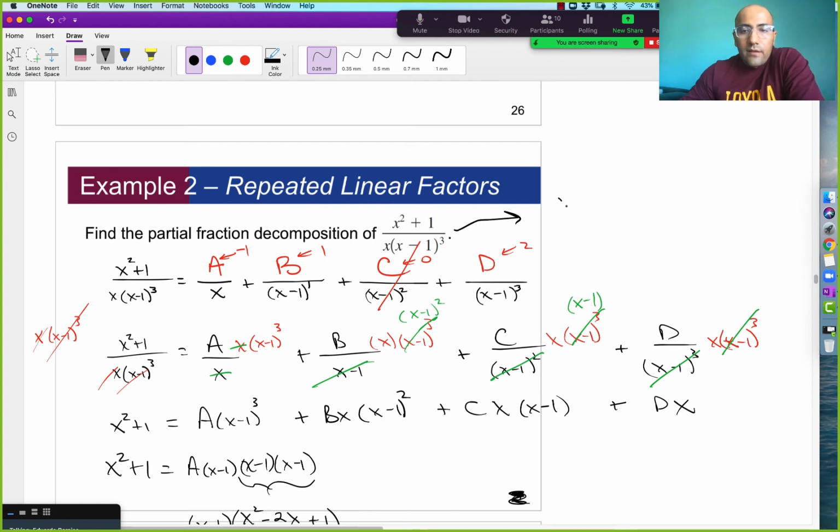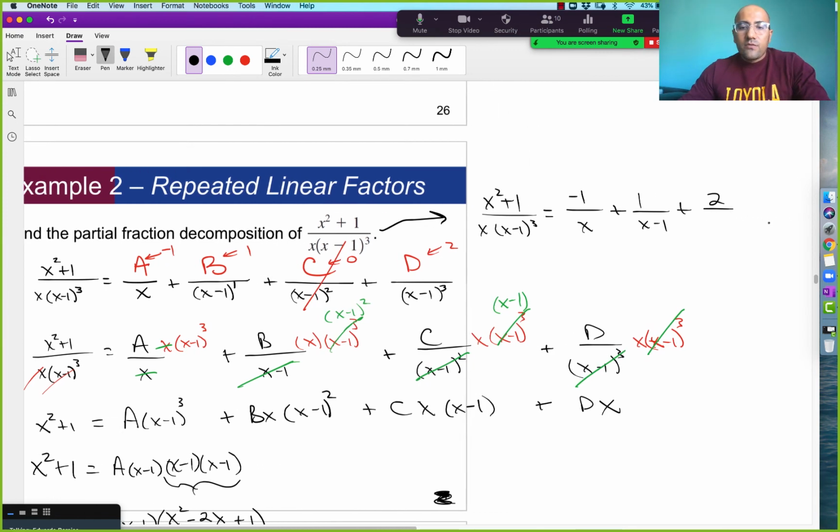It's x squared plus 1 over x times x minus 1 cubed is equal to negative 1 divided by x plus 1 divided by x minus 1 plus 2 divided by x minus 1 cubed.